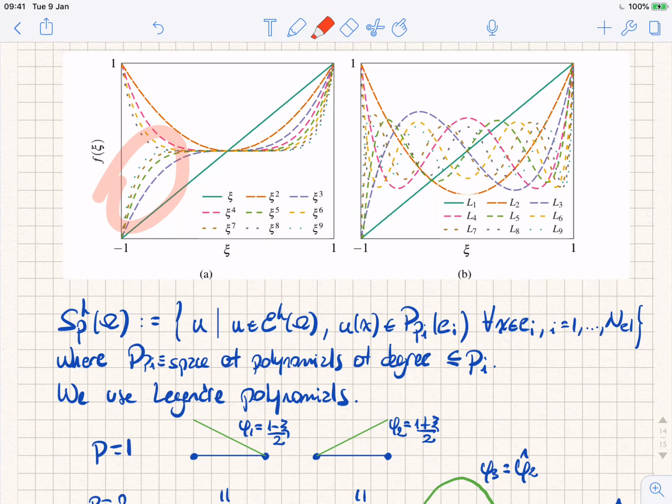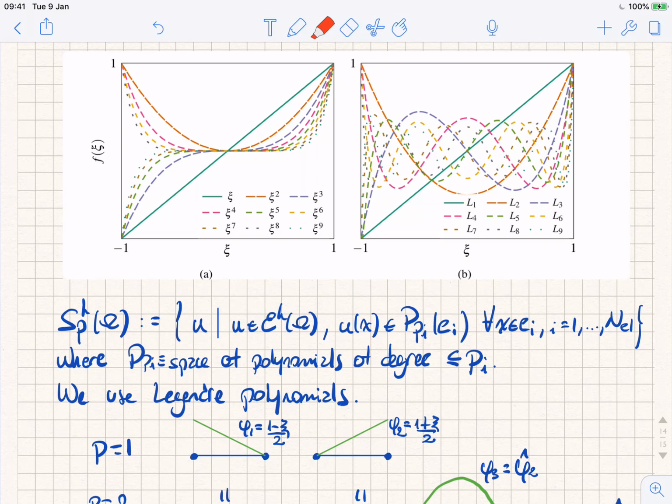So in that regard, it's also deteriorating your condition number as you go up in polynomial order, whereas here, you can clearly see that no functions are alike. And that is what we mean by, through the use of orthogonal polynomials, you can get the best condition number.